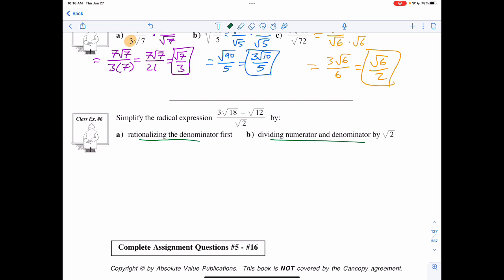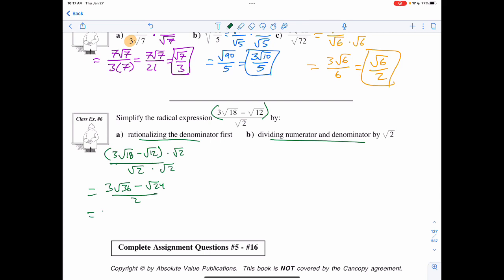So if I do this by rationalizing the denominator, because it is a binomial, I'm going to put brackets around the numerator and say that I have 3 root 18 minus root 12 all over root 2. I'm going to multiply the top and the bottom by root 2. And that's going to give me 3 root 36 minus root 24 all over 2.